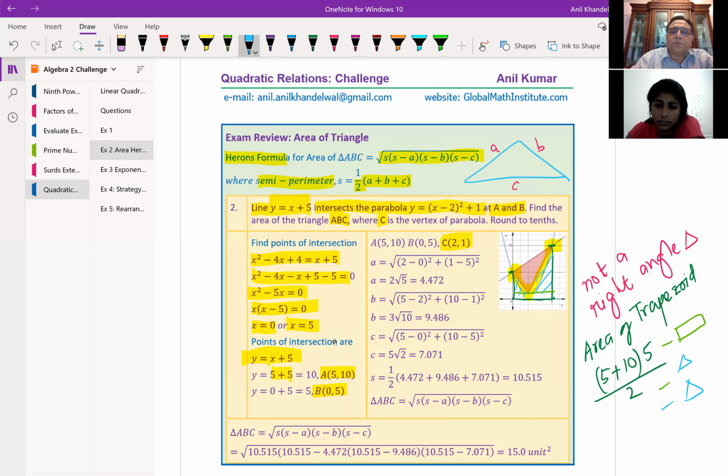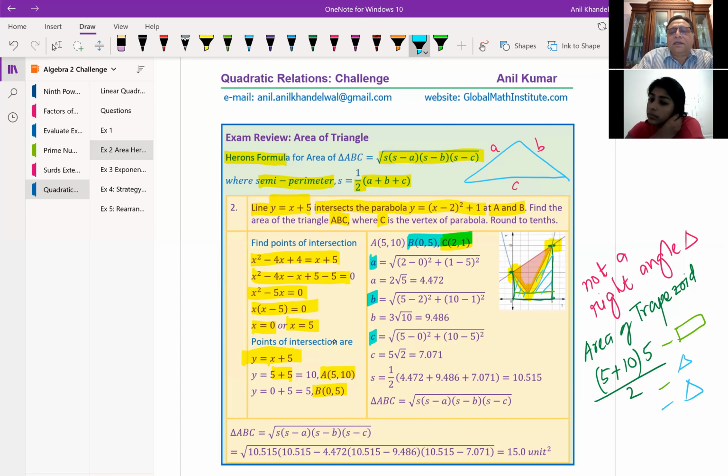Now, since we know that these three coordinate points are given to us, we can first find the length of each side, right? So we calculated the length of each side, lengths a, b, and c. So when you're trying to find the length of a, you have to use the points B and C. Normally in a triangle, with A as the vertex, the opposite side is lowercase a, right? So it is easy.